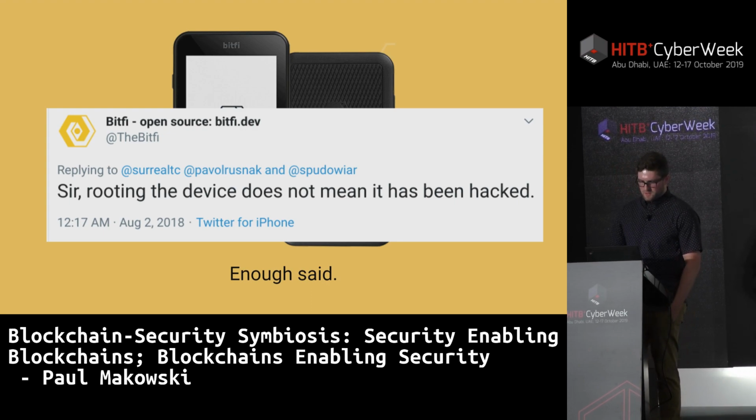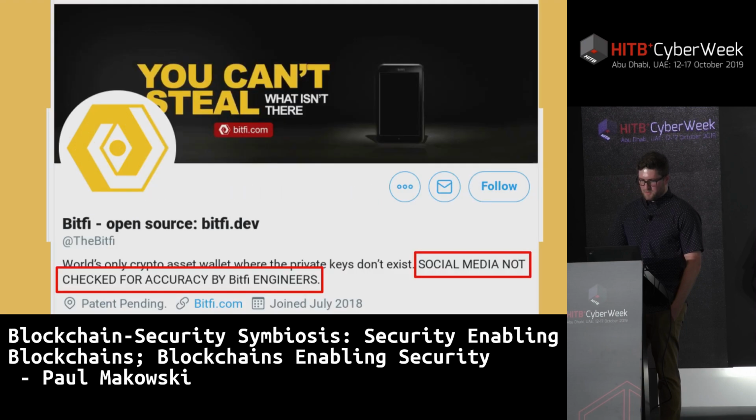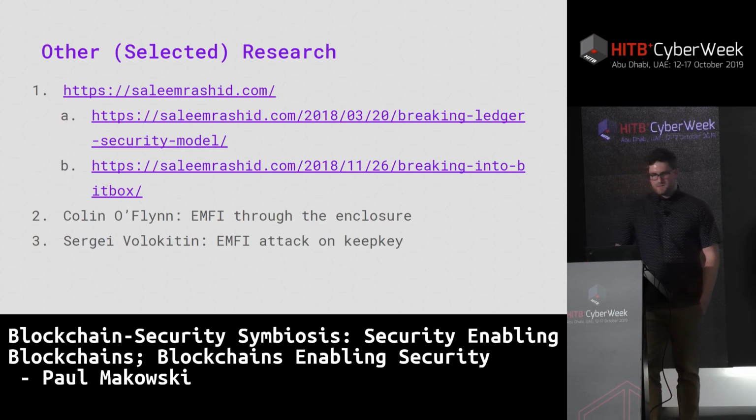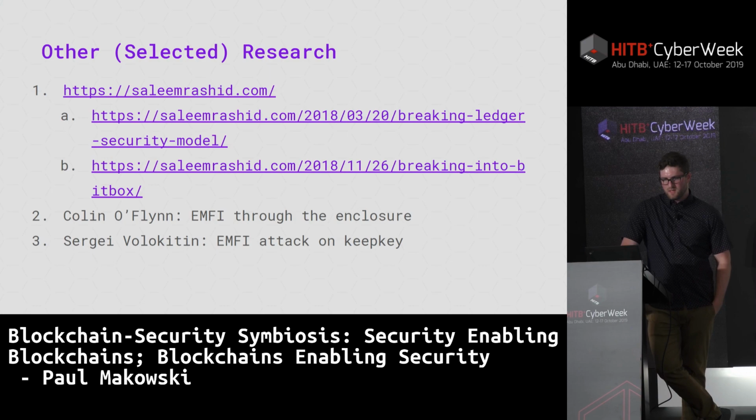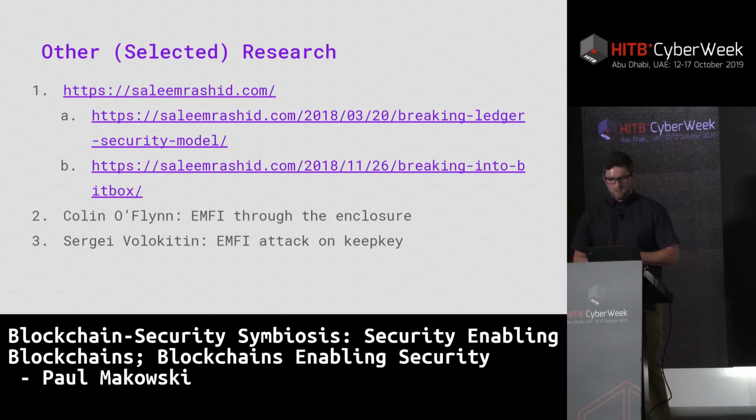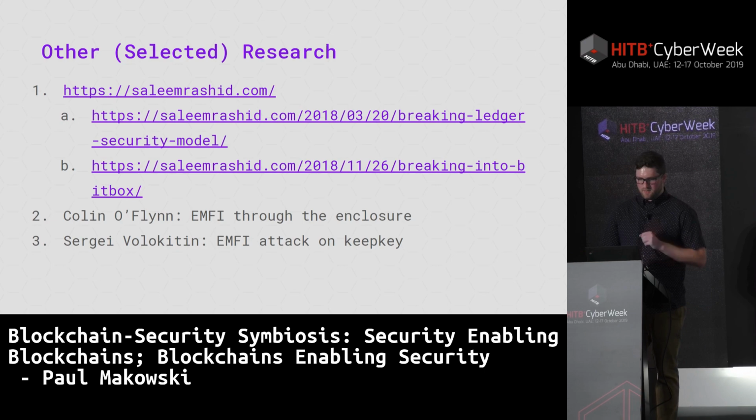So I'm not really sure what hacking means in this context. But to be fair, they updated their Twitter profile to say that social media is not checked for accuracy by their engineers. So they're good now. Some other research on that front, again Salim Rashid, hope I'm pronouncing that correctly, and a few others. So a lot of references to take a look at when these slides are published. Happy to chat afterward as well.